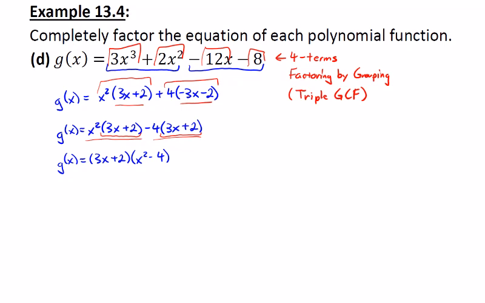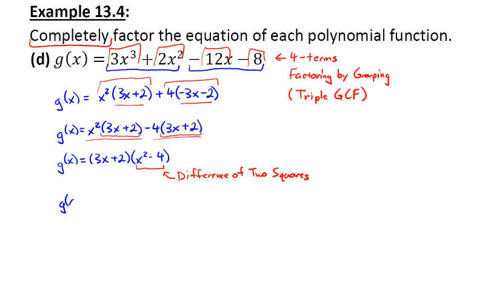But remember, the key word here is completely factor. We are not supposed to just stop here if there's more to do. There is more to do with x² − 4. This will be an opportunity for us to apply the difference of 2 squares technique.